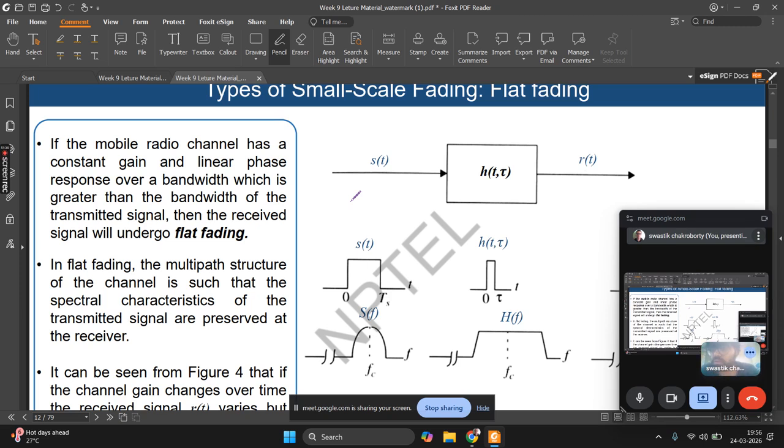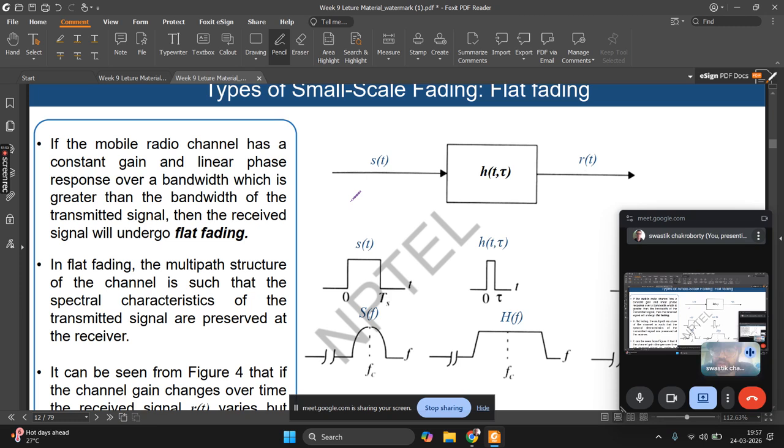If the mobile radio channel has a constant gain and linear phase response over a bandwidth which is greater than the bandwidth of the transmitted signal, then it will undergo flat fading. In flat fading, the multipath structure of the channel is such that the spectral characteristics of the transmitted signal are preserved.